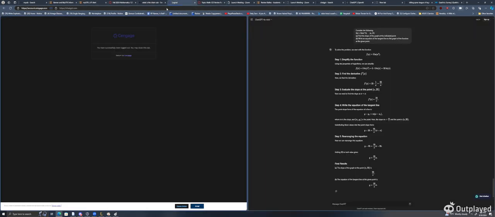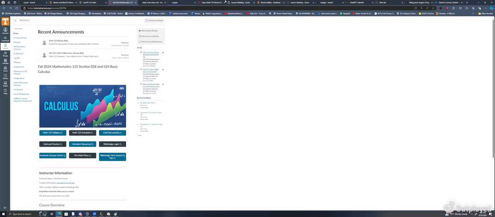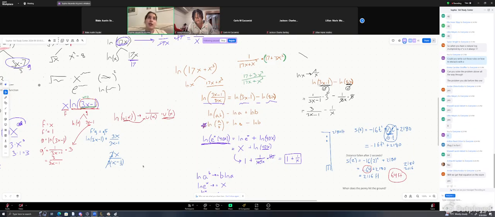Here's my next question. When does the penny hit the ground? Now, this is a little bit more of a complicated question because I have to find 2 things to get to my answer. So the first thing I need to ask myself is, how do I know when the penny hits the ground?